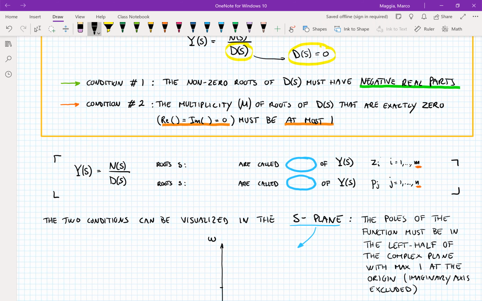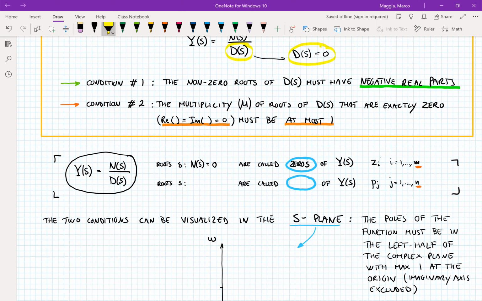Now, this is very important because we're going to use this terminology very often. Given a function with a numerator and a denominator, the roots of n of s equals 0 are called the zeros of the function y.